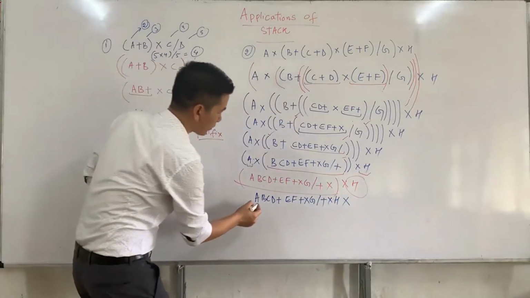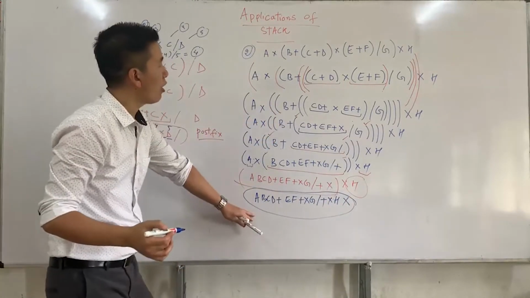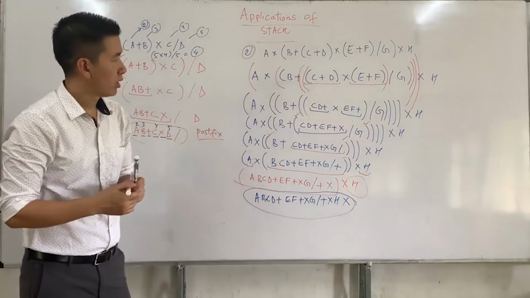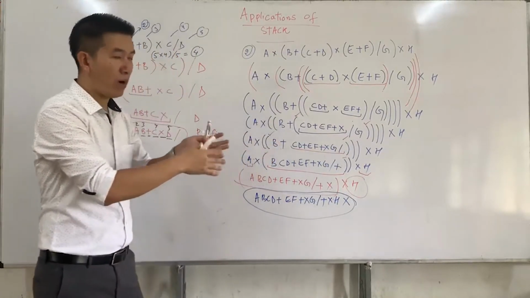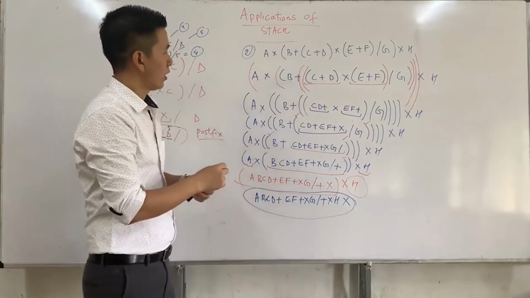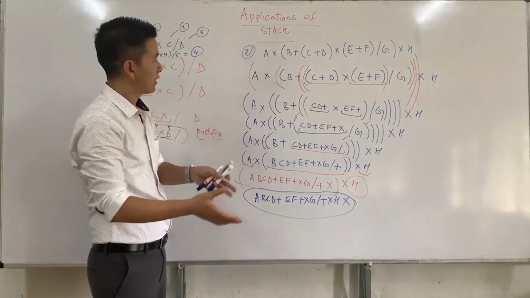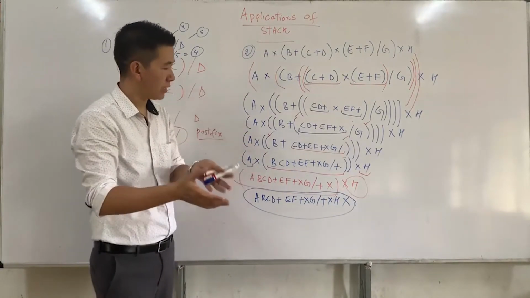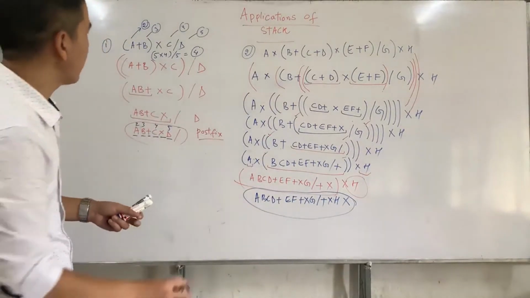So finally, this is the equivalent postfix of the original infix operation. It's pretty simple, right? But I would like to show you one more example without the braces. Perhaps you never know if you are more comfortable with using braces or without using braces. It's up to you. Now let's move on to the third example.